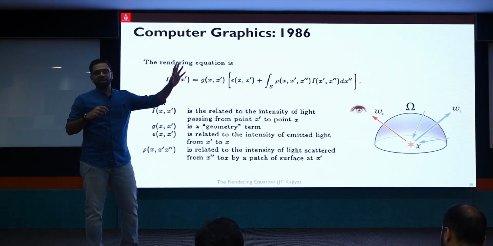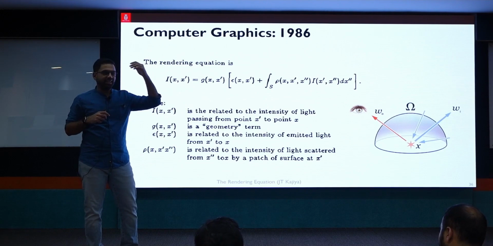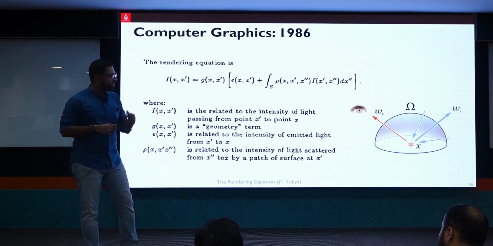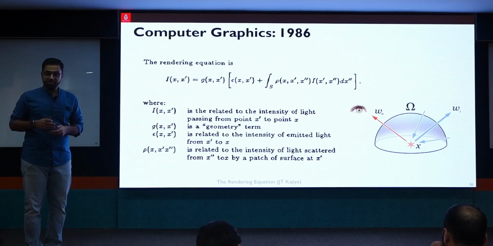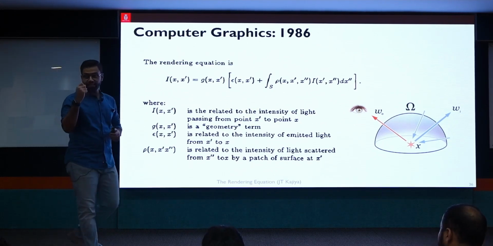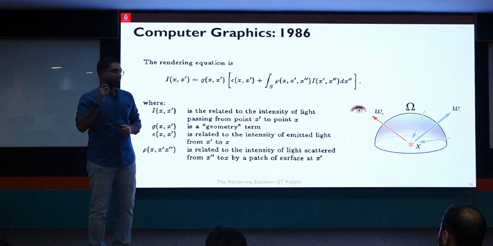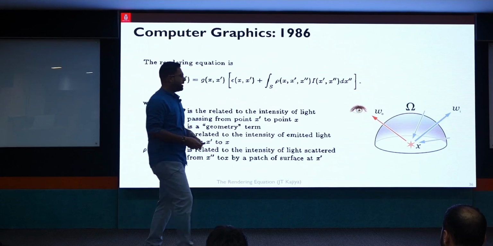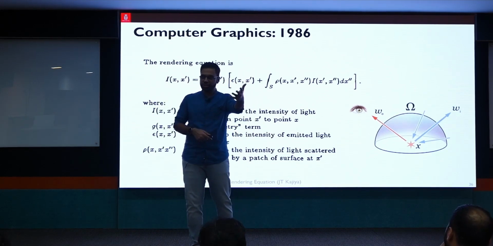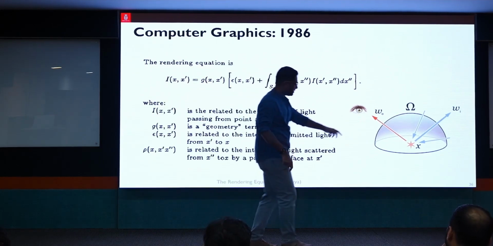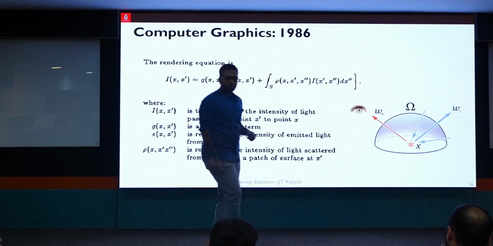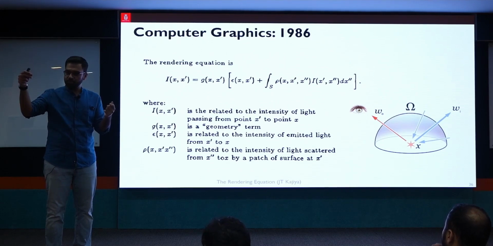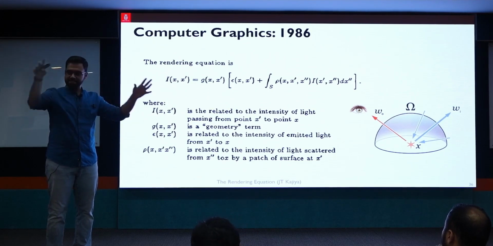All right, again, computer graphics is progressing as well. In the 80s, something very, very important was invented. This is known as the rendering equation. The rendering equation is really fundamental in computer graphics. We're not going to talk too much about this, but essentially what the rendering equation tells us is if you have a point in your digital representation of the world, let's say that point is X over here, the rendering equation gives you a relationship between the light that is emitted from this particular point with respect to everything else that is in the scene.